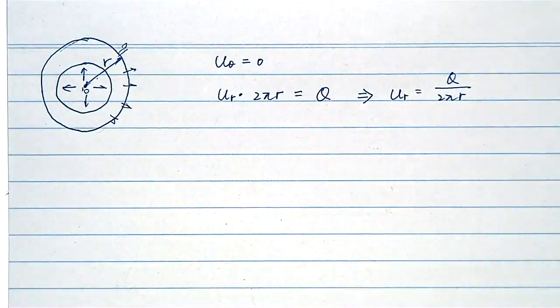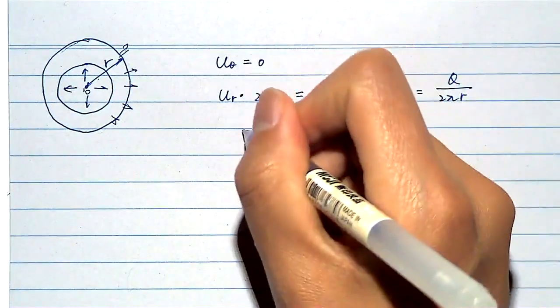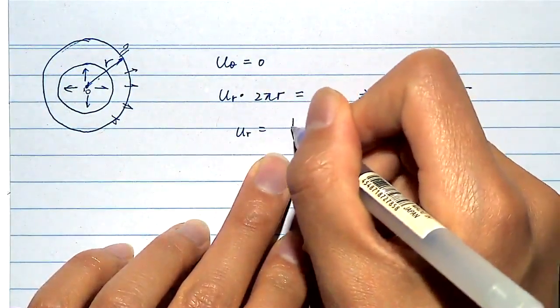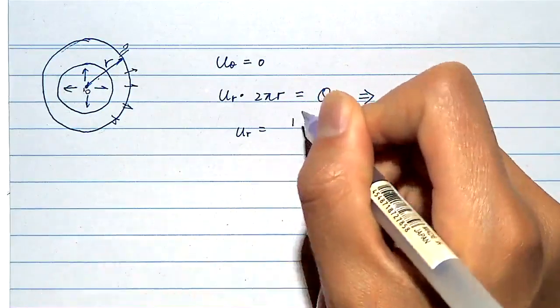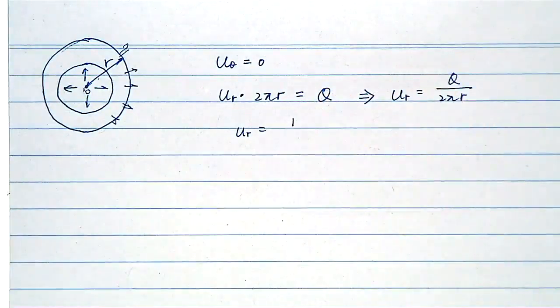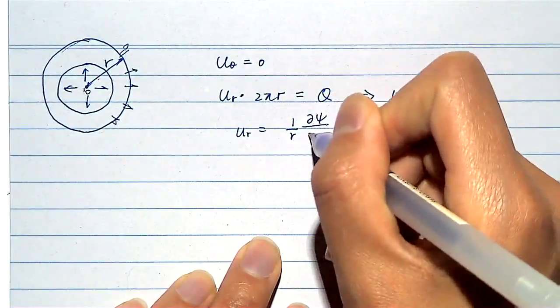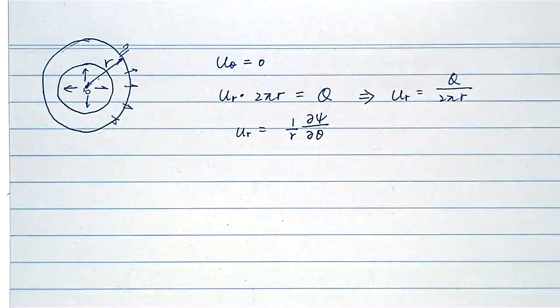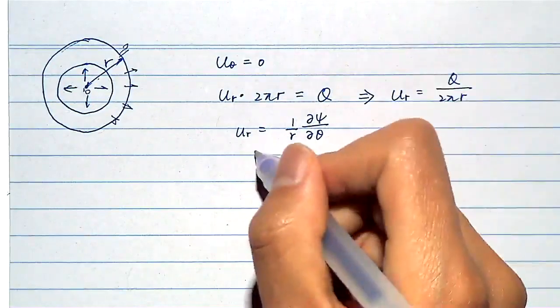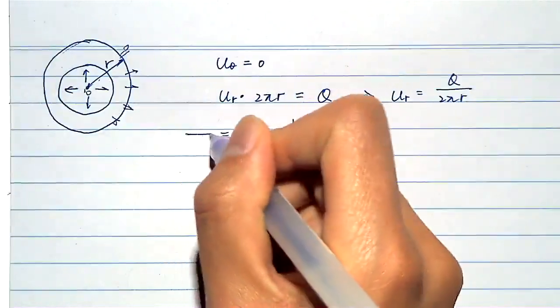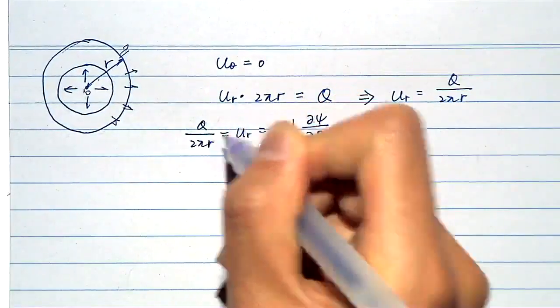Now it's time to use the relation between velocity components and the stream function, which is u_r equals 1 upon r d psi d theta. Okay, I need to check. Yes, we can use this relation. We know that u_r is q upon 2 pi r.